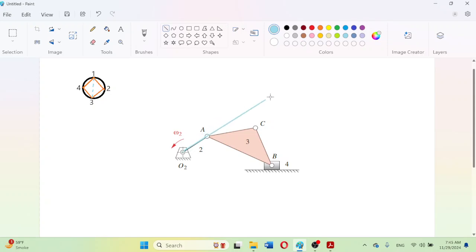So we will be starting here at this moment. We will be extending this line in both orientations here like this.